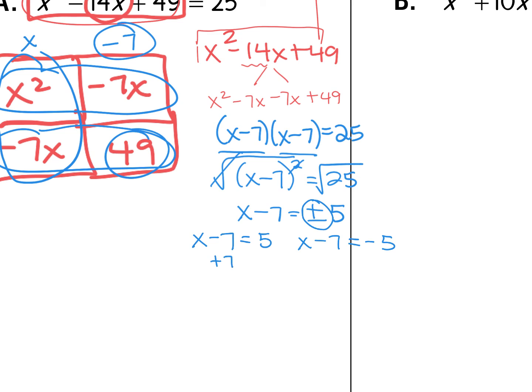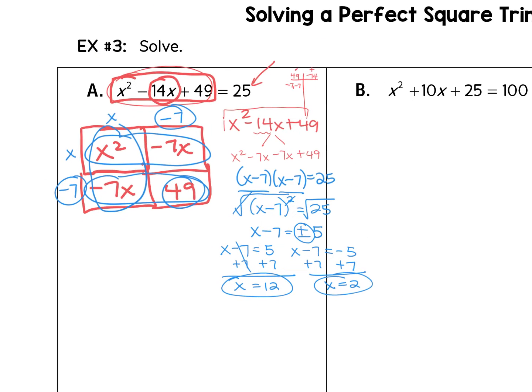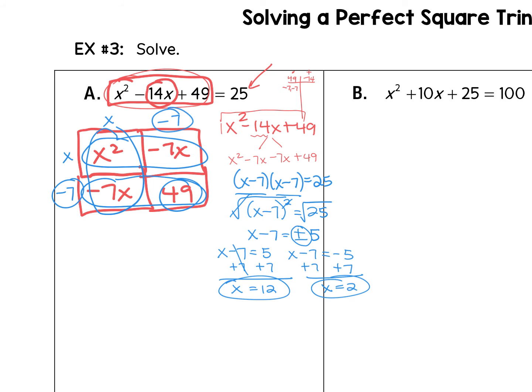If I add 7 to both sides, I get x equals 12. And if I add 7 to both sides here, I get x equals 2. So my solutions to this equation, the values of x that I could plug in and get 25 on the right side, are 12 and 2.